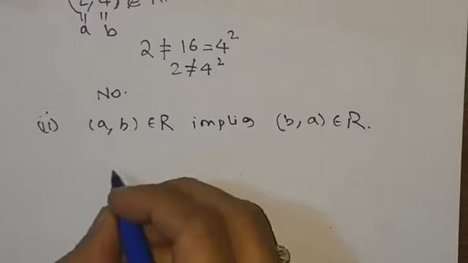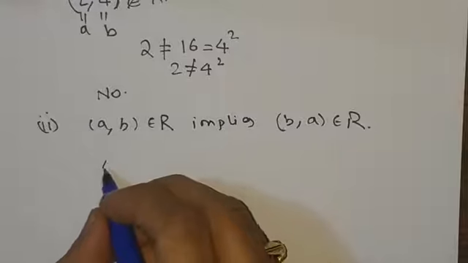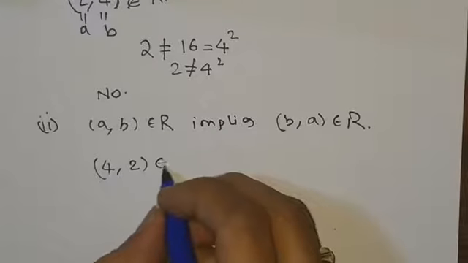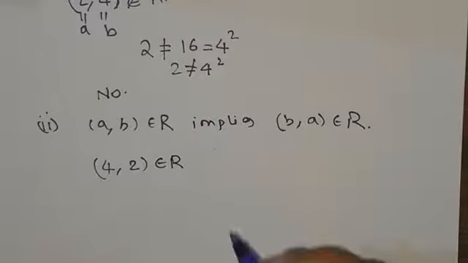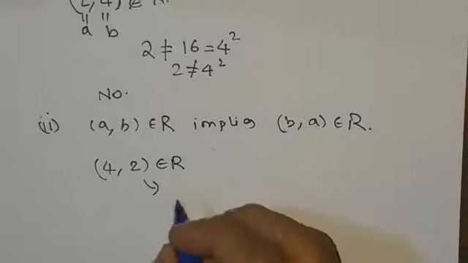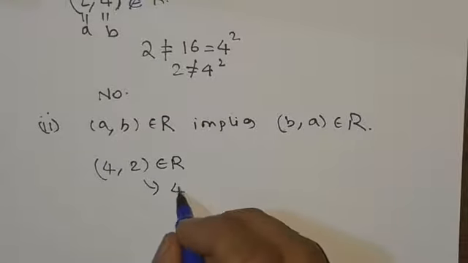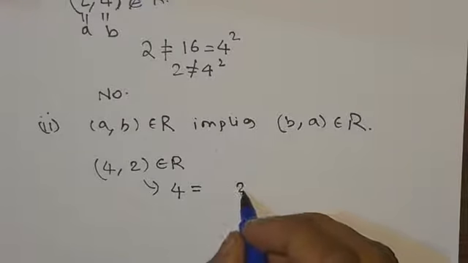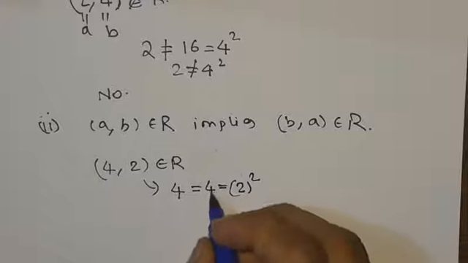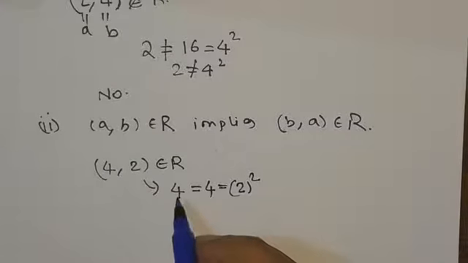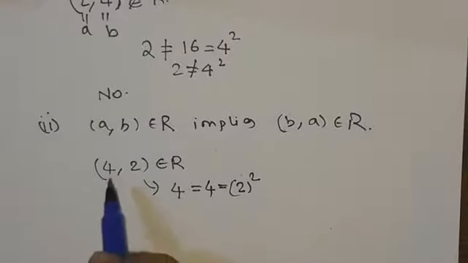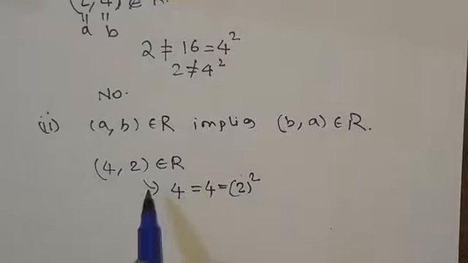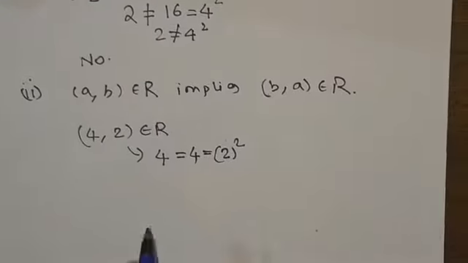So let us take 4 comma 2 belongs to R. Why is it? Because A is equal to B square, which is equal to 4, right? A is equal to B square. So A comma B will belong to R. That is 4 comma 2 belongs to the R.